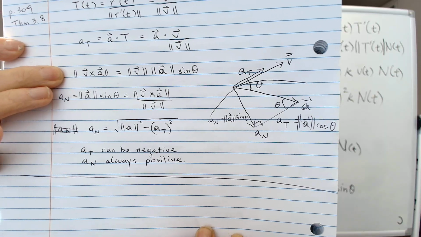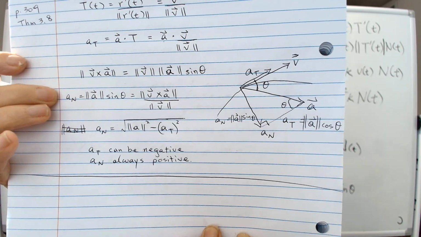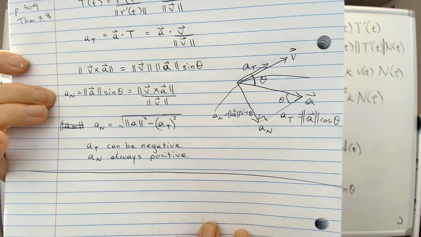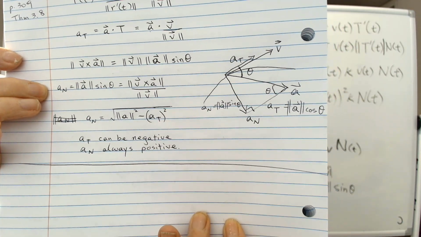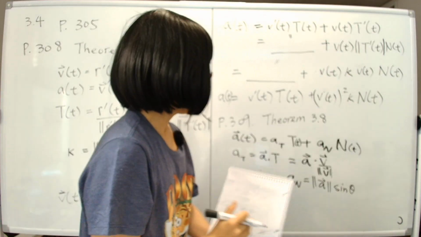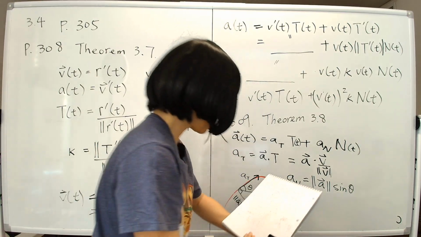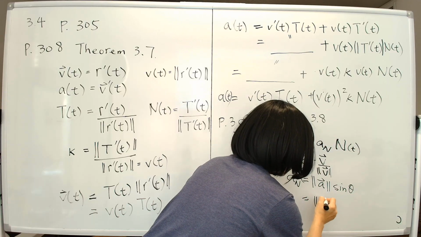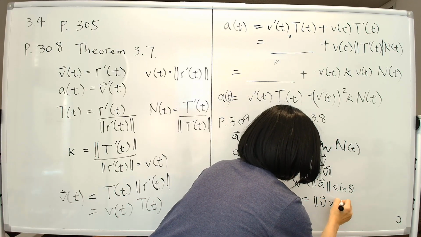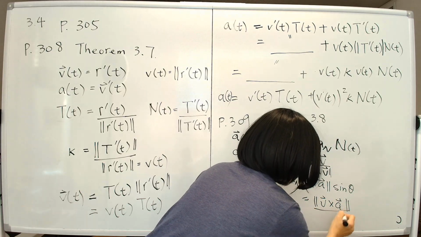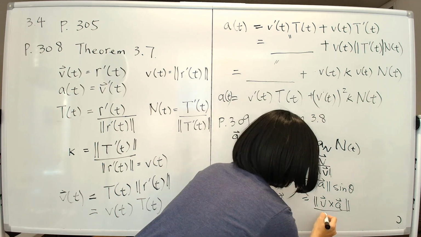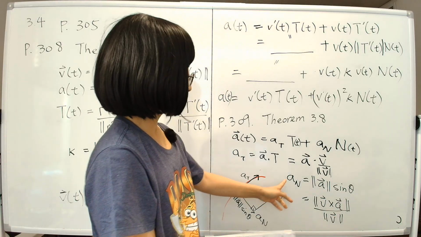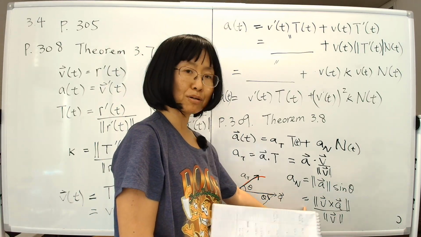So if you divide out the magnitude of V, then AN, which is A sine theta, is just the magnitude of V cross A divided by the magnitude of V. That's where we got this part, and that's exactly AN. So that's one way to do it.